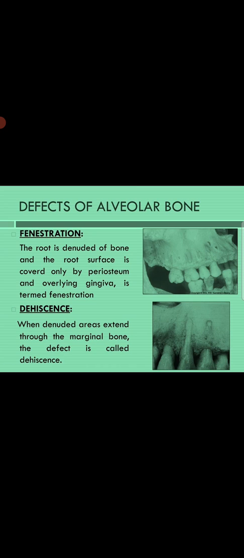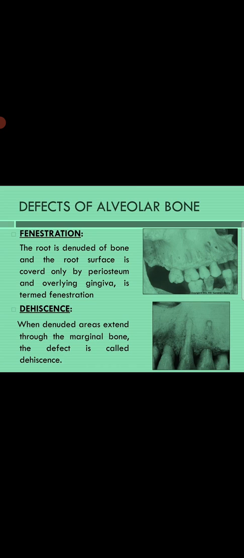But in dehiscence, this denuded area around the root extends to the marginal bone. Fenestration is the initial condition, and dehiscence is the extreme, severe condition. What is fenestration? The root is denuded of bone, and the root surface is covered only by periosteum and overlying gingiva.